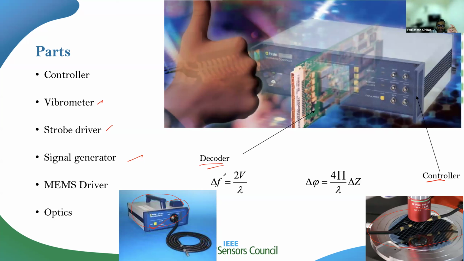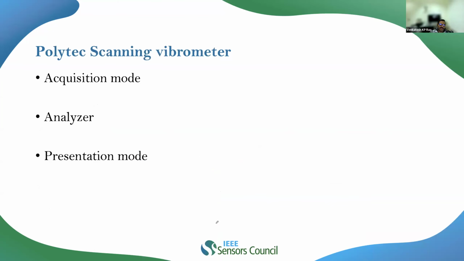What we got out was the change in frequency and phase. Now, this decoder will convert this change in frequency to velocity and change in phase to the displacement of the structure. So that is the basic working principle of the laser Doppler vibrometer.